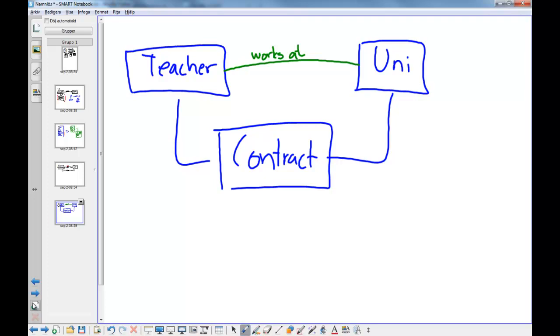So by using this contract that is necessary in the domain, we want to show that the teacher works at the university. But this becomes maybe too complex to really see that immediately. So we can add this, and then we add a little slash before it to show that this link maybe does not really exist, but it's good for understanding, and it can be derived by looking at something else.